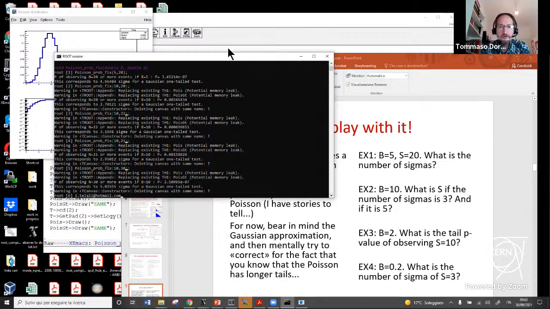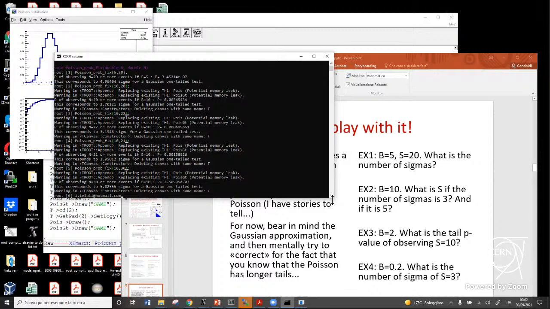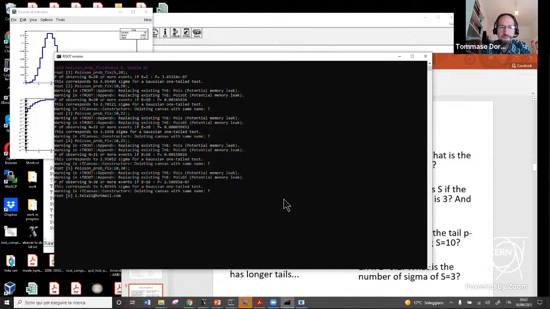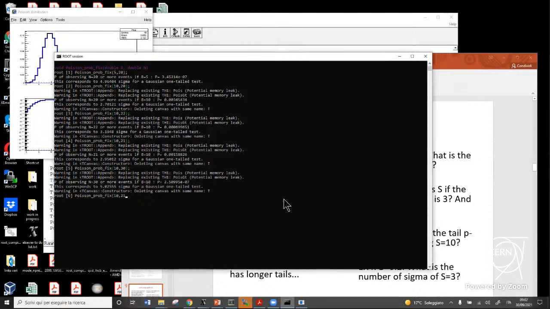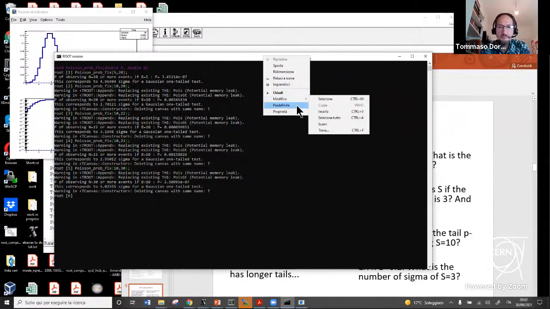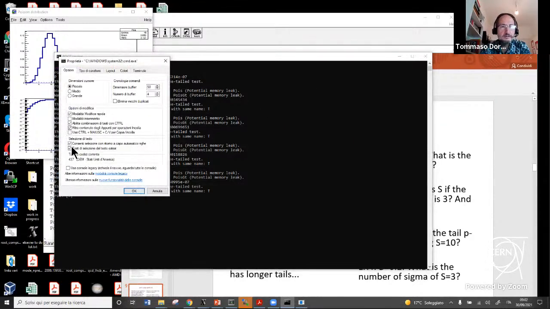You need to put the mouse clicks on the upper part, then right click, and then go down to properties.